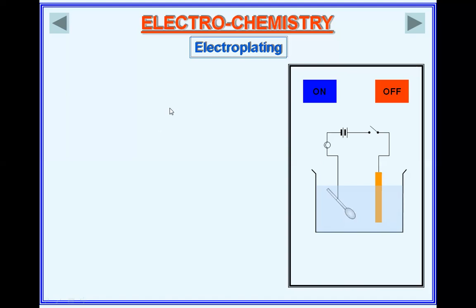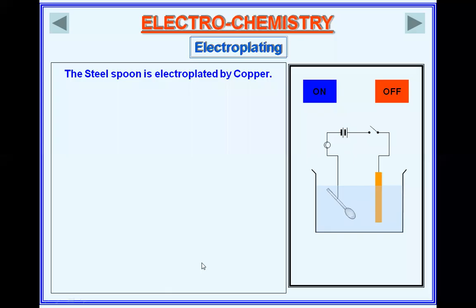In the first case, when electric current is passed through the solution, what should the conditions be? We are discussing the electroplating of an iron spoon or steel spoon by copper.